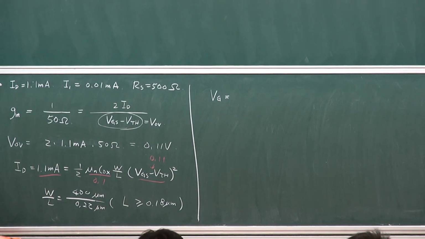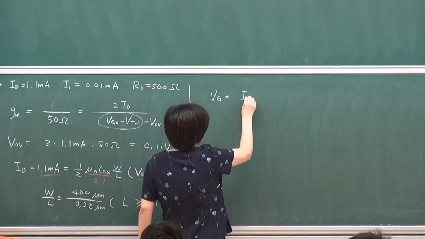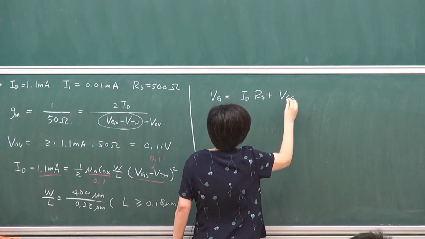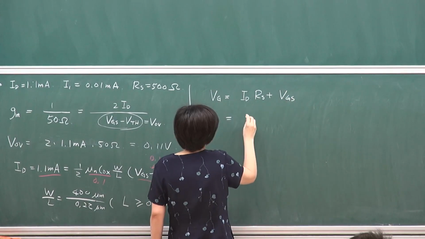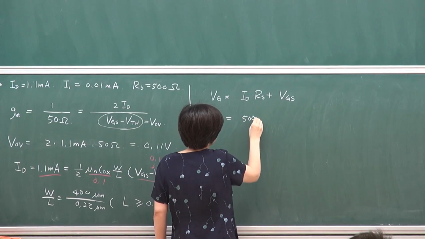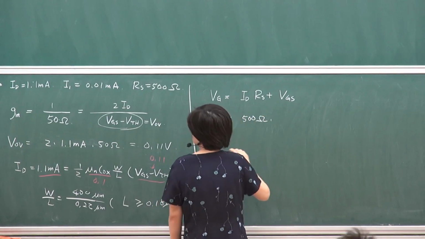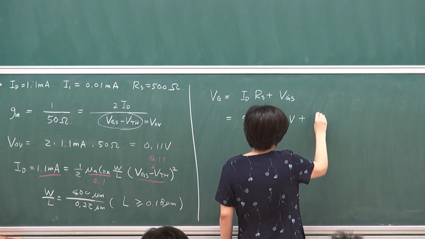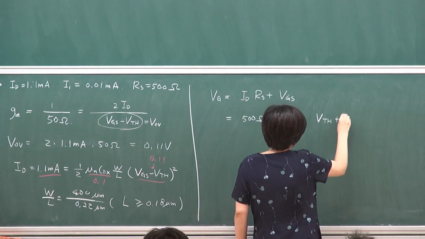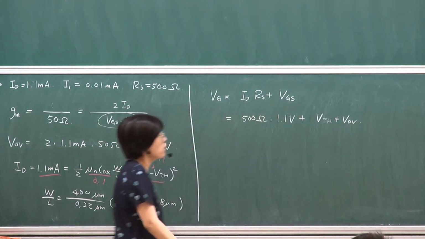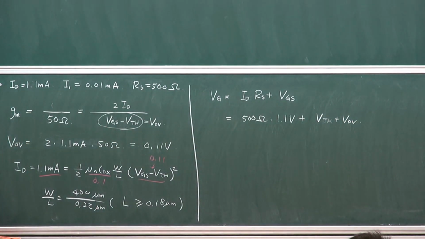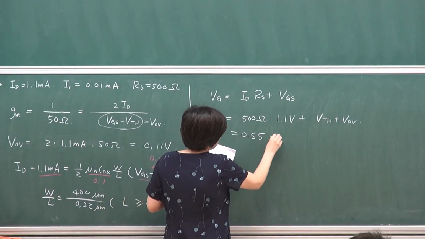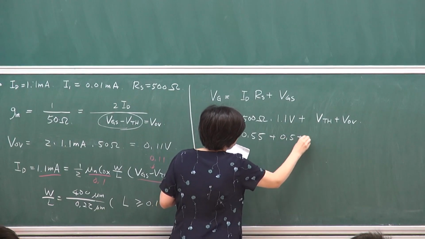VG will simply be ID times RS plus VGS. IDRS, I know RS is 500 ohm times my current level of 1.1 mA, which is 0.55 volt, plus VGS, which is VTH of 0.5 plus an overdrive of 0.1 volt.